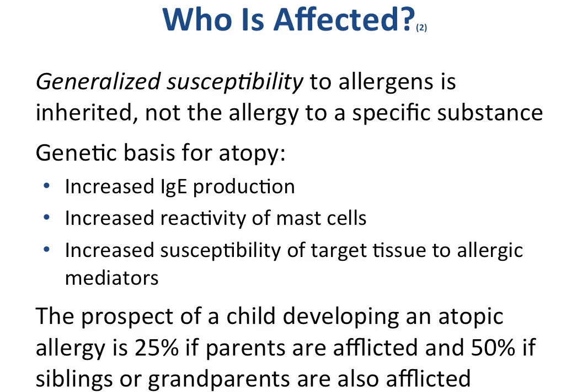There is a genetic tendency to get allergy. For example, some people may have a genetic background of increased IgE production, increased reactivity of the mast cells, and increased susceptibility of the target tissues to the allergic mediators.